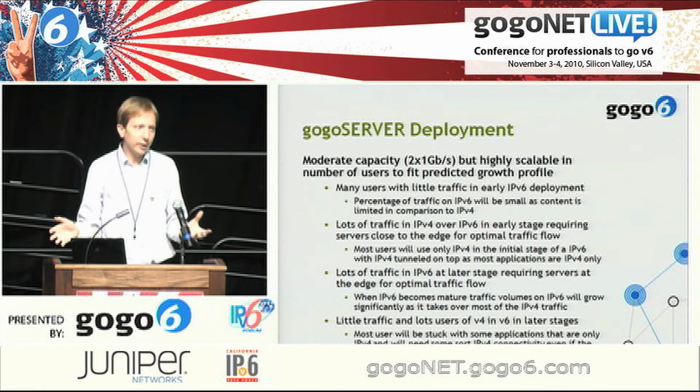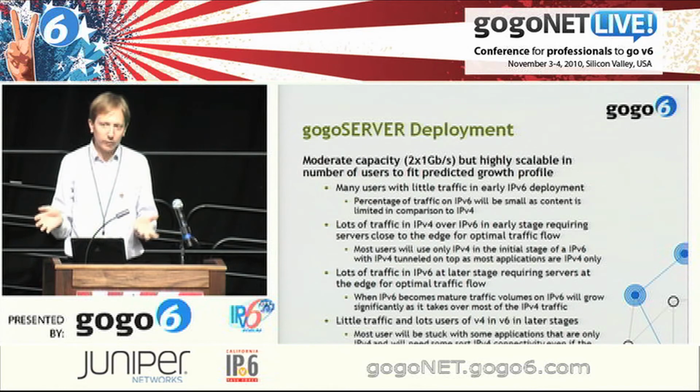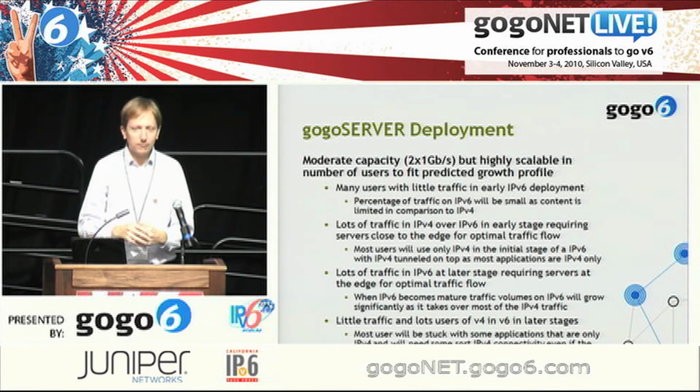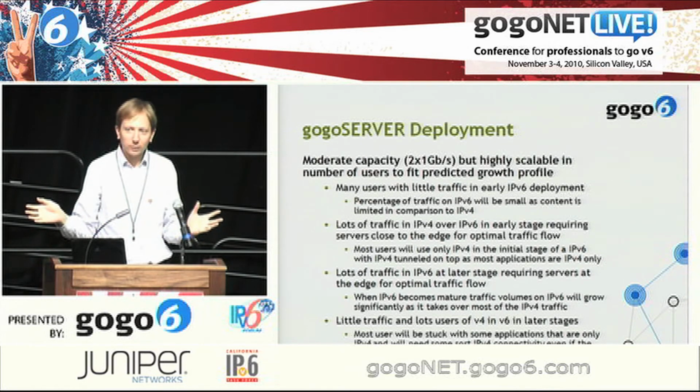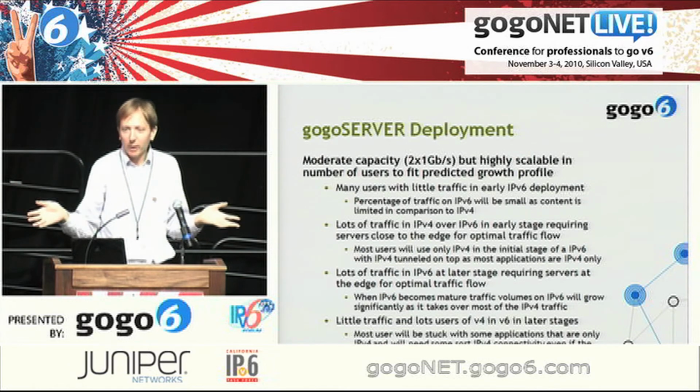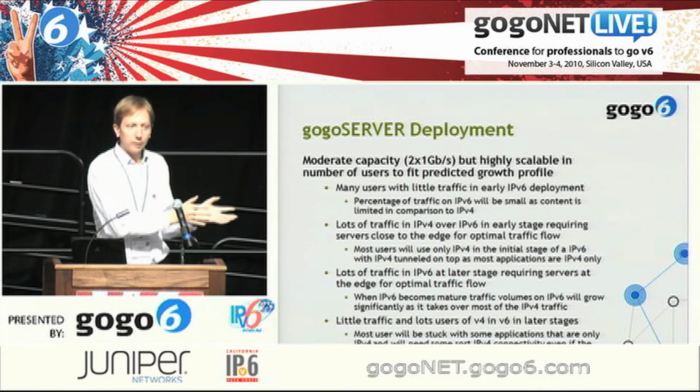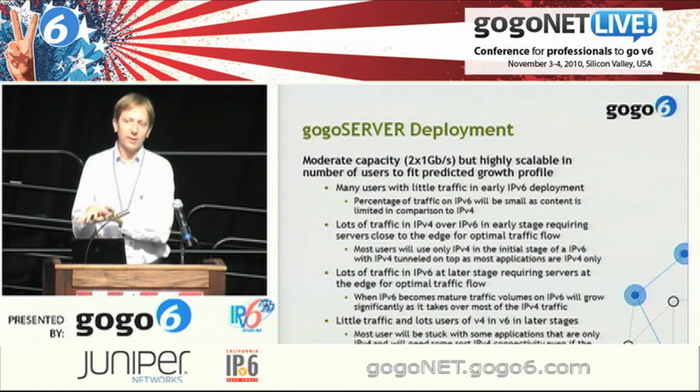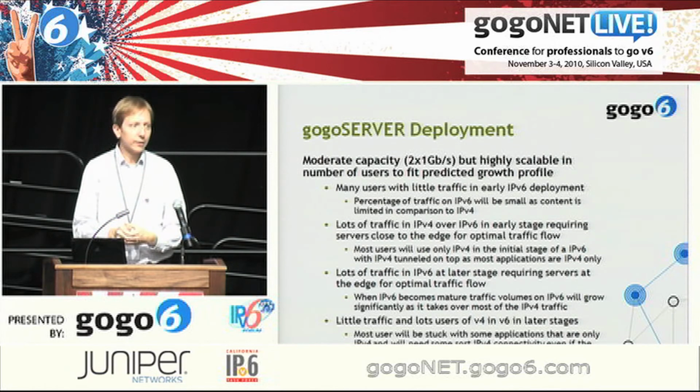So the capacity you need for an IPv4 over IPv6 solution like DS-Lite is going to be the maximum at the start. If you start adding more customers, you might be able to use the same boxes as you had in the beginning, like 5 years ago, because their traffic is going to be more and more IPv6. So the deployment is quite different in that sense. Your deployment is going to be instant from that perspective. You're going to put it in and you're going to use it.